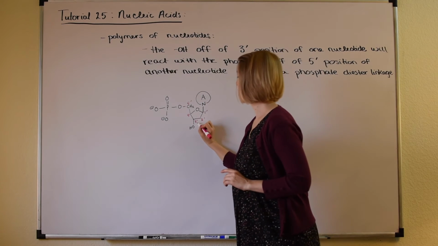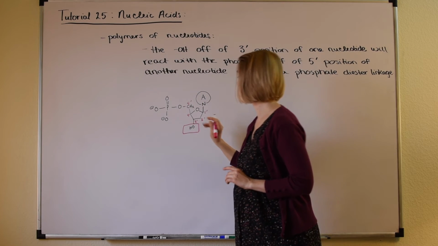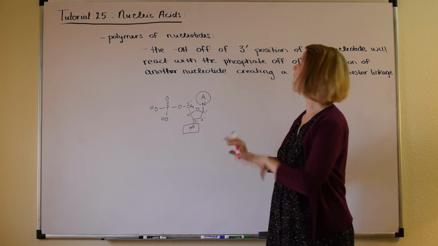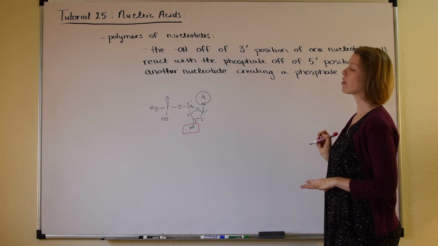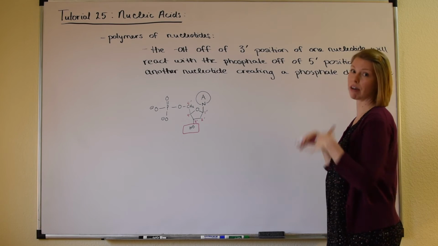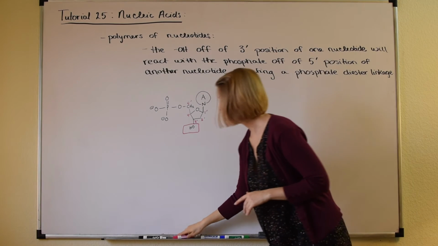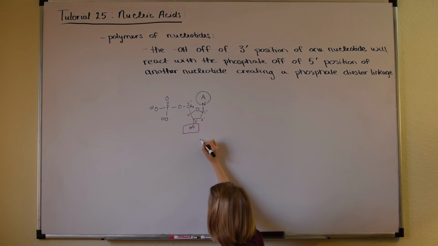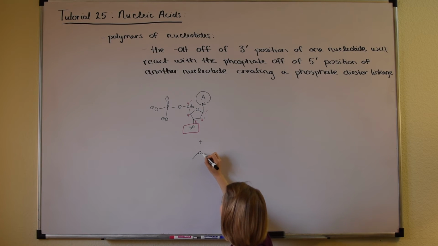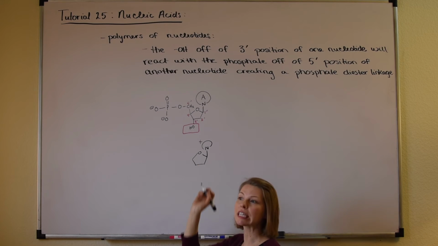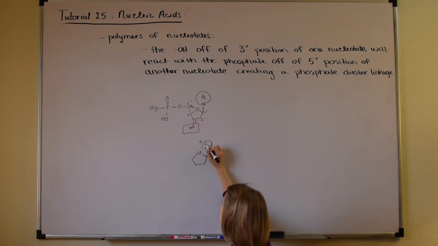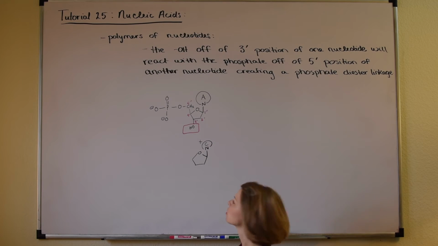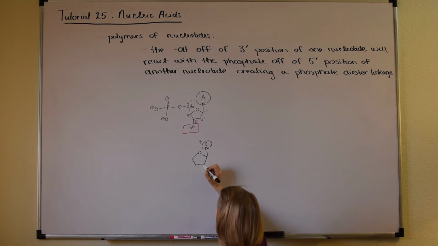So we'll show the 3' OH of this nucleotide reacting with the phosphate off of the 5' position of another nucleotide. So let's draw our second nucleotide here. And let's just make our nitrogen-containing base cytosine. So I'll write a C there, just to be generic.